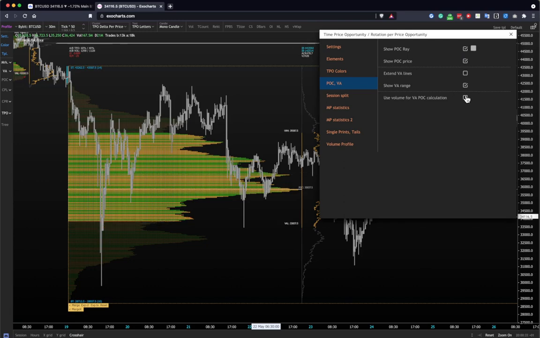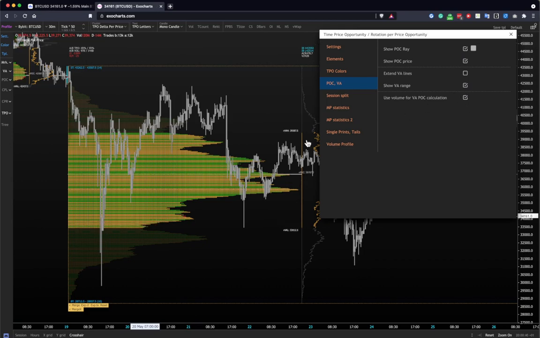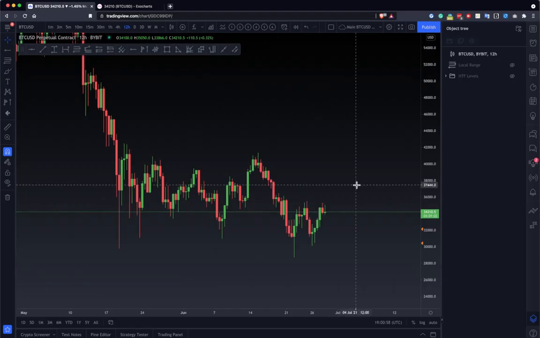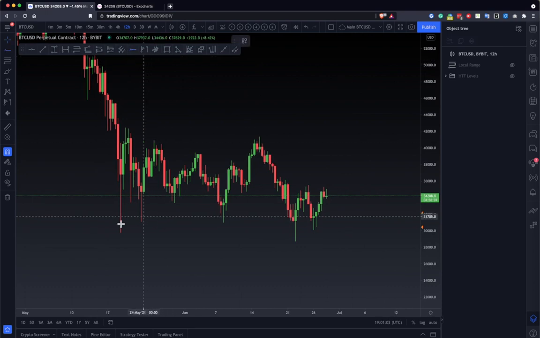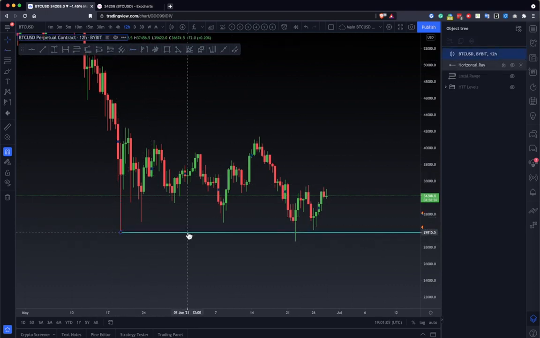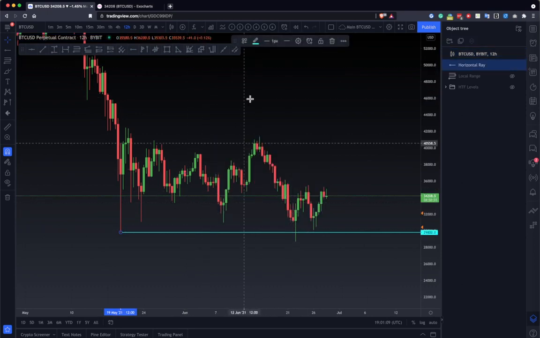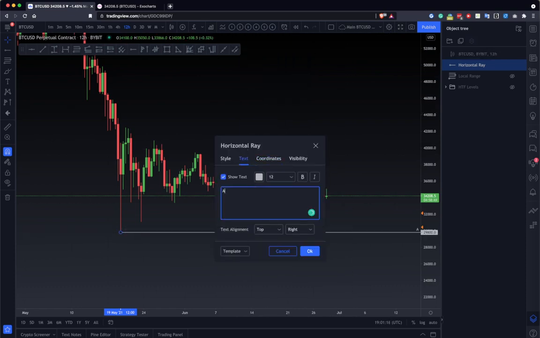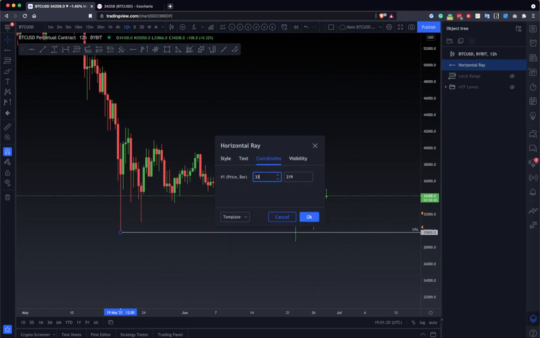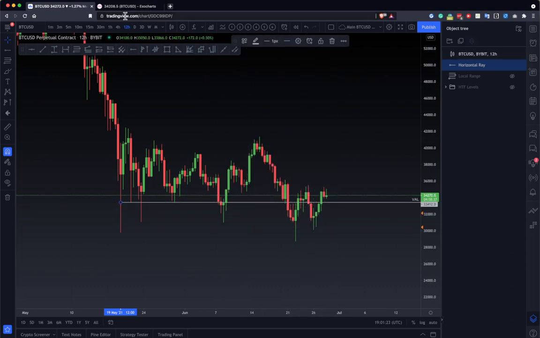So let's mark the levels. This is our value area low.